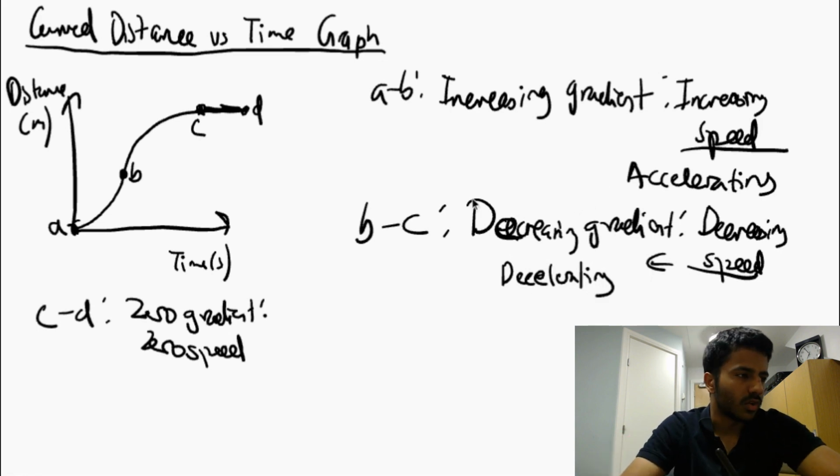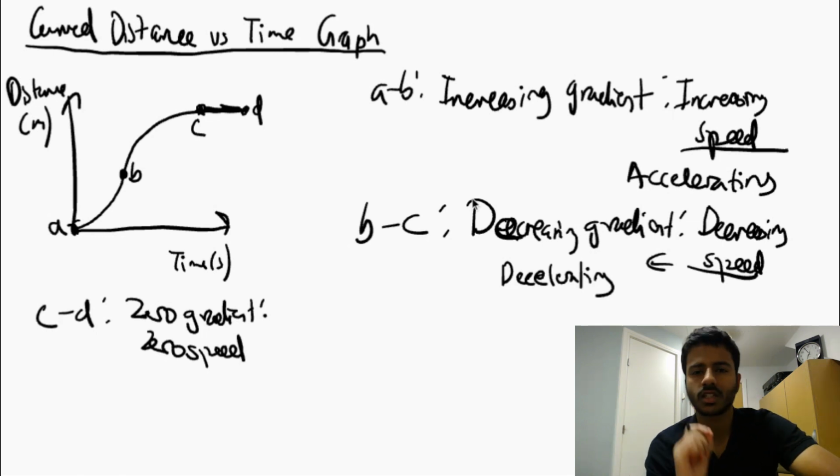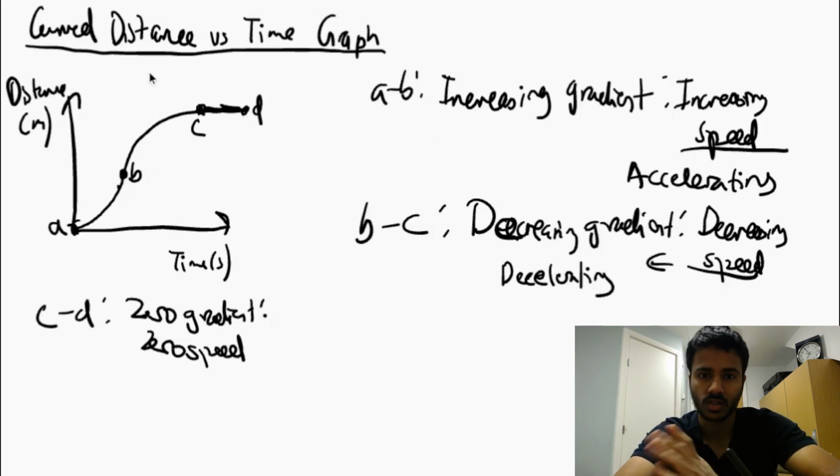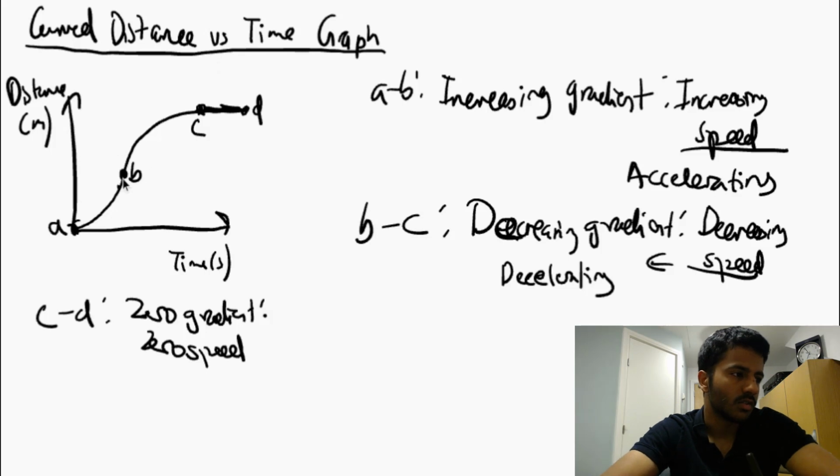Let's say I wanted to find the velocity at point B, the instantaneous velocity at point B. The way I do this is I would have to draw a tangent at point B. Point B is a bit difficult because it's on a point of inflection, if you know what that is.